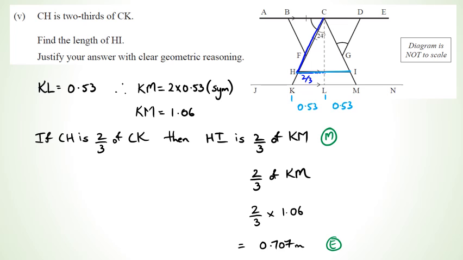If I'm just looking for the achieved part, it says recognition of relationship between HI and KM. So with the achieved part, you're making a relationship between HI and KM. But if you give the correct reasoning, you get a merit, and just without the reasoning, you're probably just going to get an achieved. Okay, that's this question. Next one.